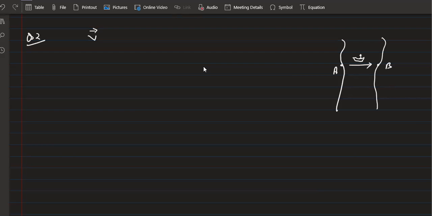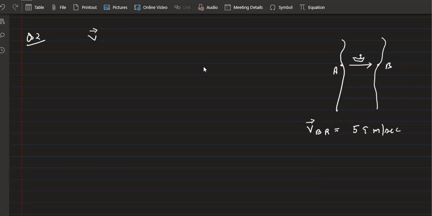So let's suppose the velocity of boat with respect to river, this should move in the x-axis, so let us take it as 5 i cap meter per second. Yes or no? Tell me. You got this, right?